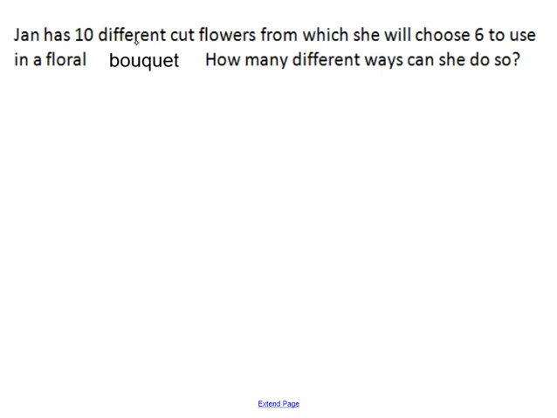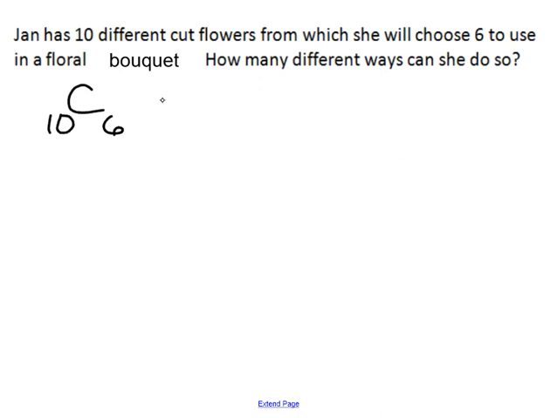Okay, so this is a way when we're talking about picking 6 flowers and we're going to put them in a vase. So it doesn't matter which way we put them in. This is a combination, so we are going to use 10C6. 10 flowers to choose from, and we're going to pick 6 of them to put in our bouquet.